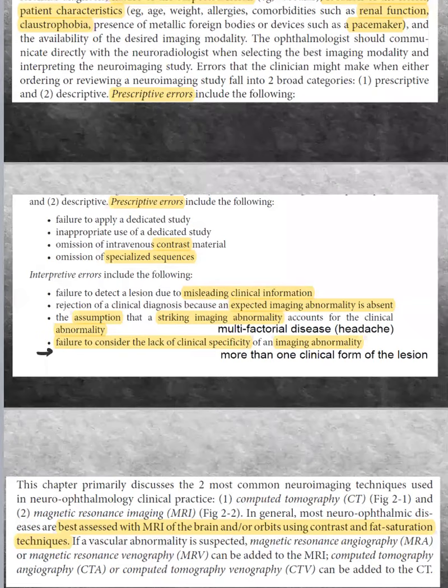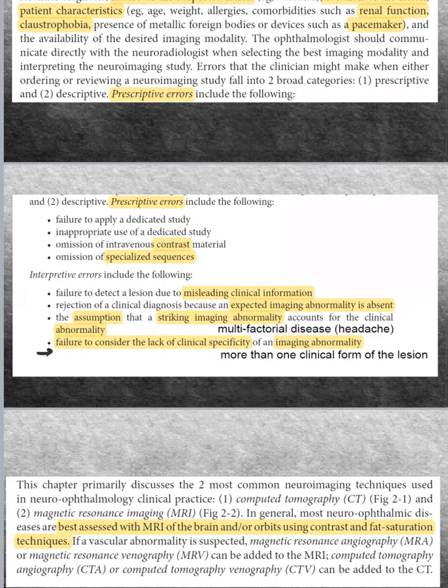If I didn't get that the imaging abnormality is not exclusive to just this clinical form, this may be an error in thinking and an error in diagnosis. So I misdiagnose because of all of these.